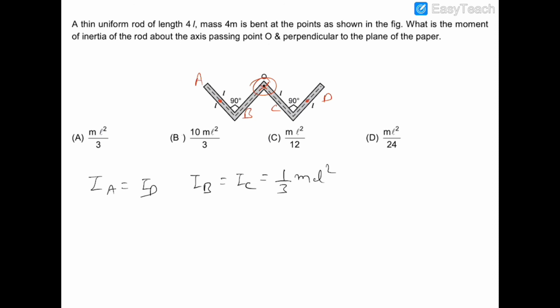Now the moment of inertia of A and D can be calculated by the parallel axis theorem.